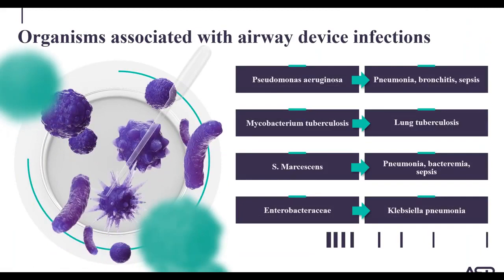The two most common organisms that cause infections related to bronchoscopes are Pseudomonas aeruginosa and Mycobacterium tuberculosis, or TB. Pseudomonas aeruginosa can be from either an endogenous, meaning the patient themselves, or an exogenous source.